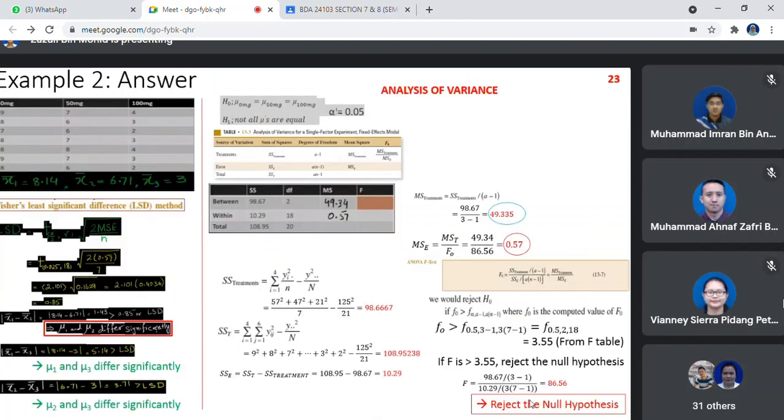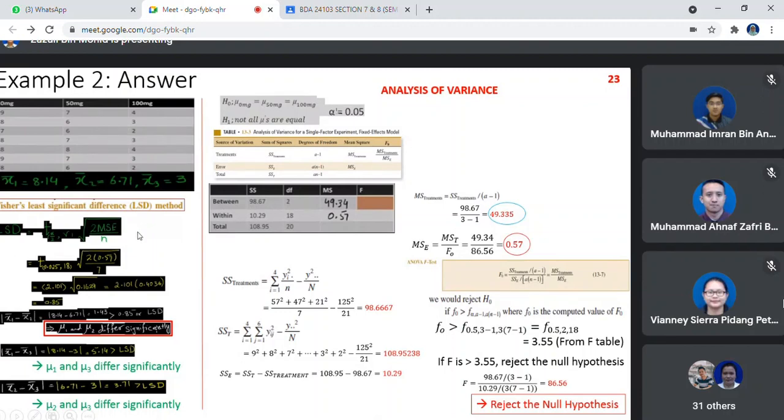So from this, you can do the calculation. I will show you the calculation. From a table, you have to create another table, which is the single factor experiment with fixed effects model. We have to create this table. From this data, we have the values as shown in this slide.